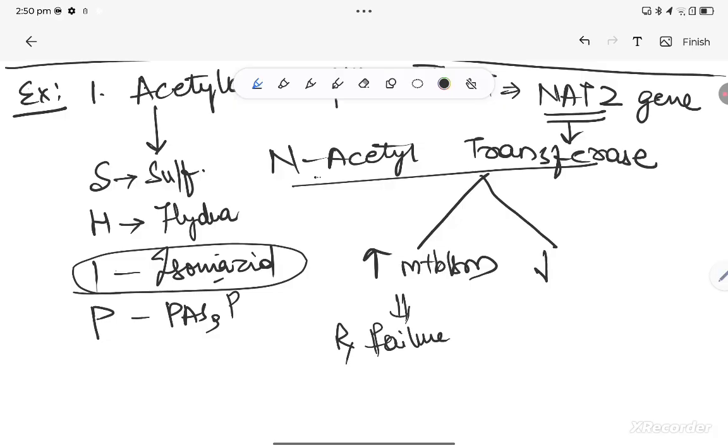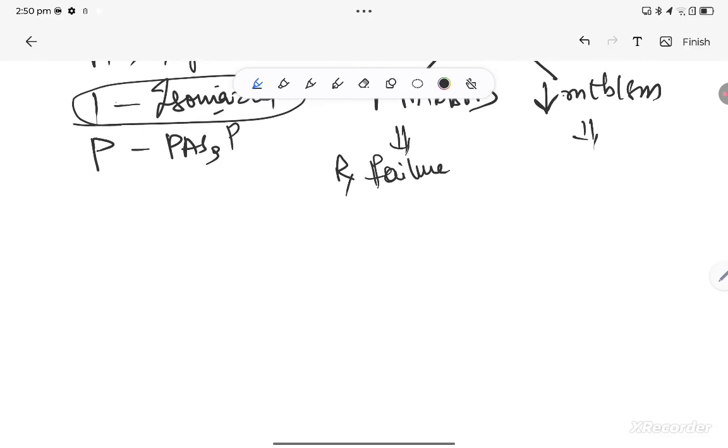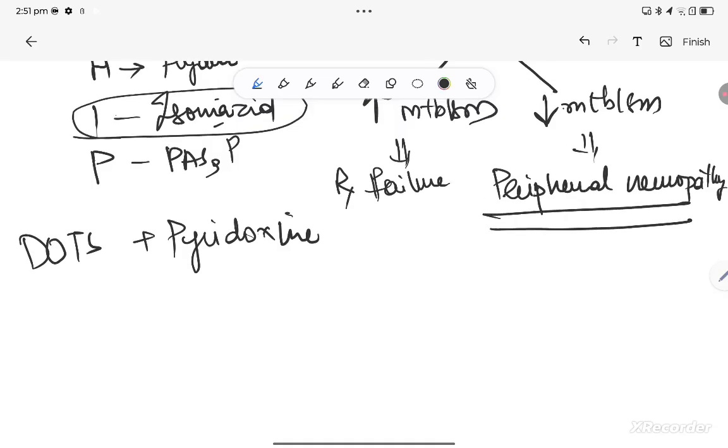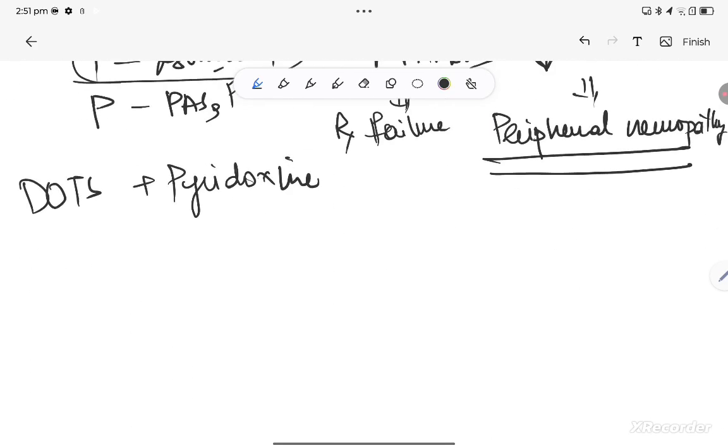If there is less expression of N-acetyl transferase, there will be less metabolism, resulting in a lot of side effects. The most prominent side effect is peripheral neuropathy. So, in DOTS patients, we usually supplement them with pyridoxine to prevent this peripheral neuropathy. Am I clear? This is your first example, and in fact a very important example.